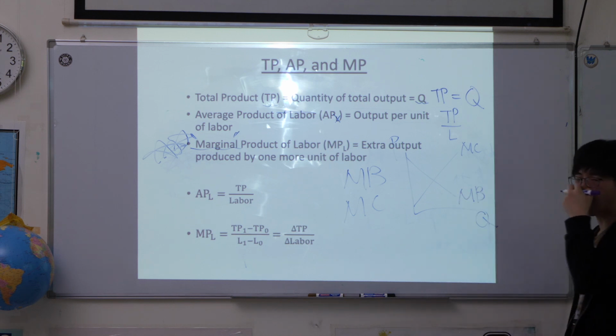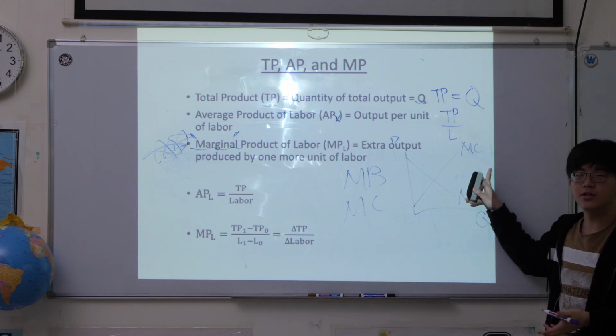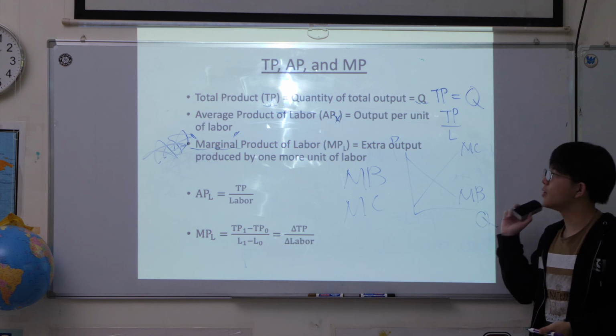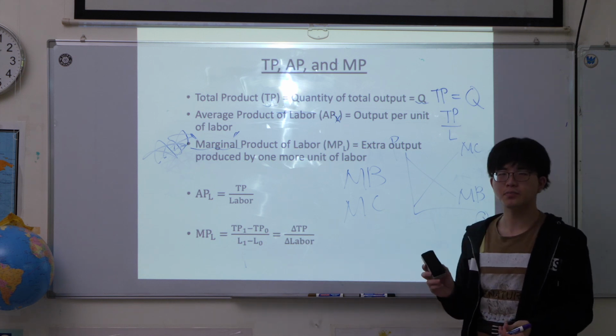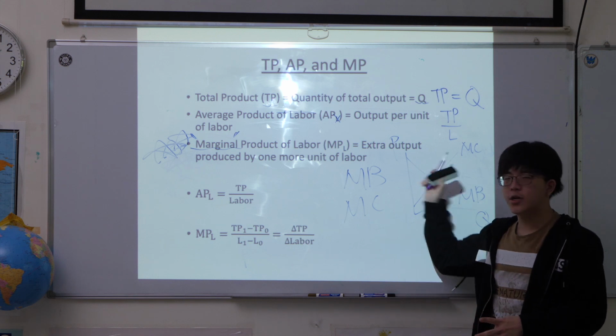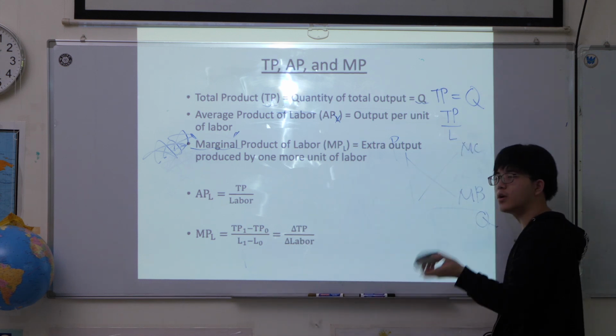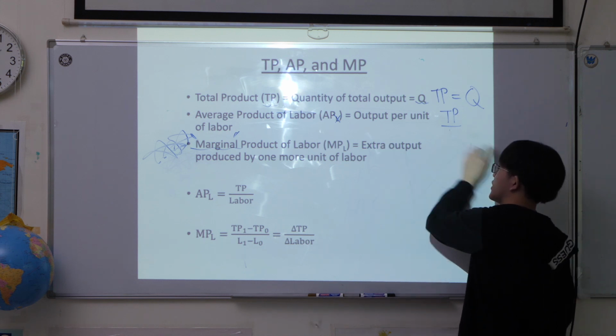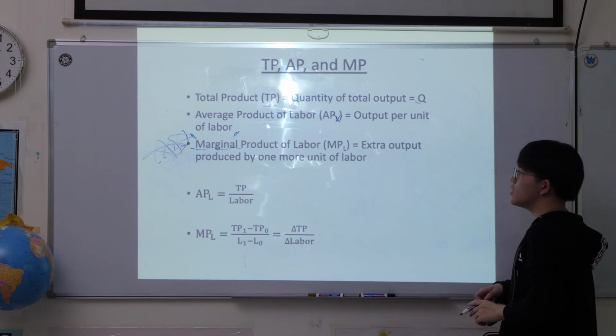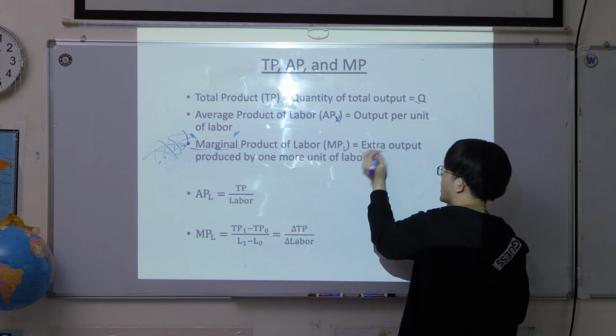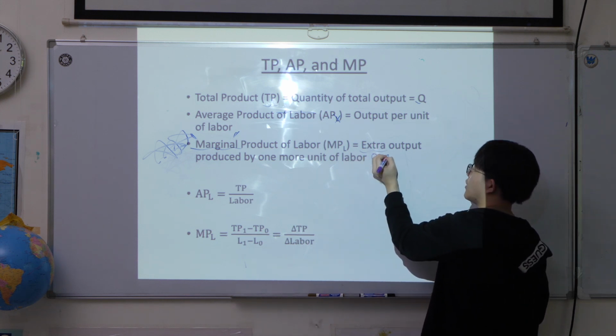So we now know this is marginal cost and this is marginal benefit. But what is marginal product? In fact, the term marginal means extra or additional, and this is the one you should understand very carefully. So marginal here is extra or additional.